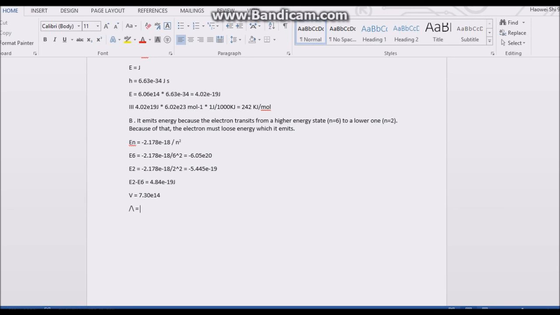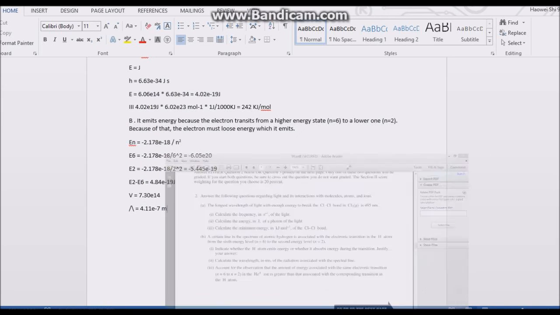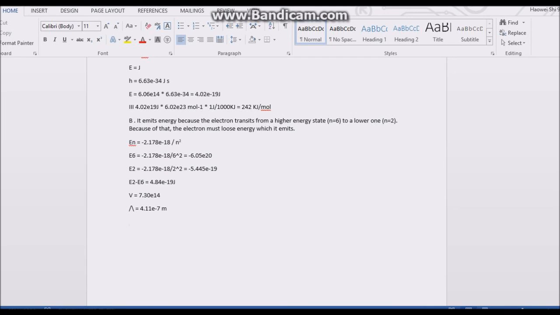Now, 3 times 10 to the 8 divided by that, so we got 4.1 times 10 to the negative 7 meters. Since it wants it to be in nanometers, we convert it to 410 nanometers.